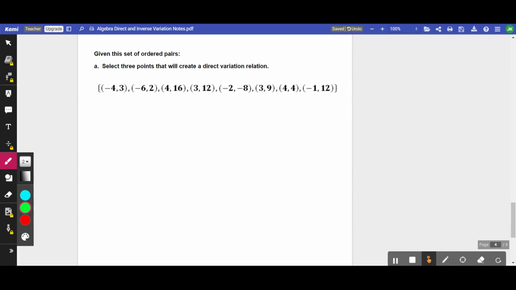And then for this last one here, it says, given the set of ordered pairs, select 3 points that will create a direct variation relation. So for this one, the D's go together, so direct divide.